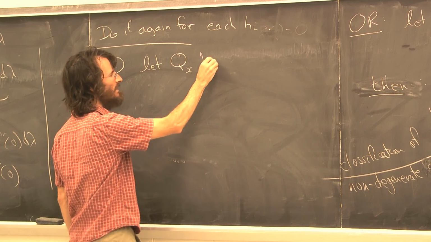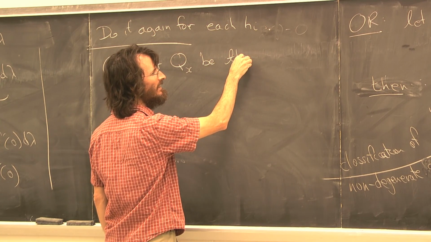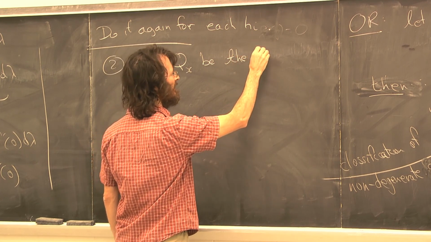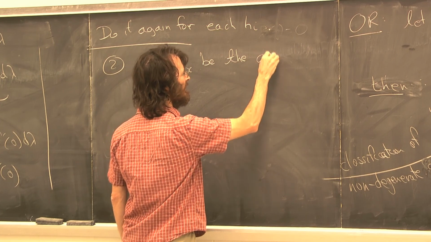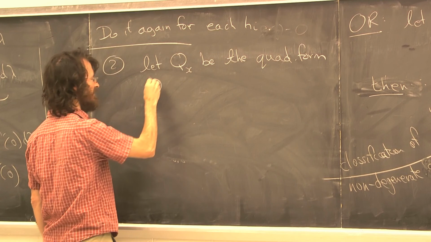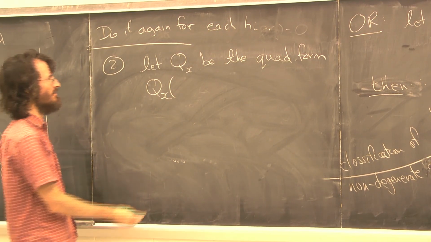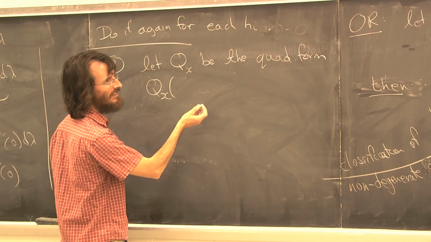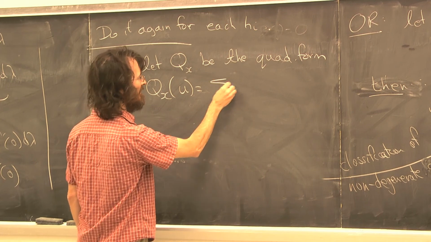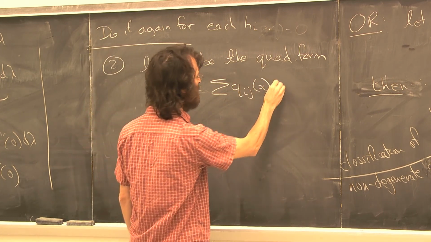Let q sub x be the quadratic form, q sub x of u, equal to the sum of q sub ij of x times u_i u_j.